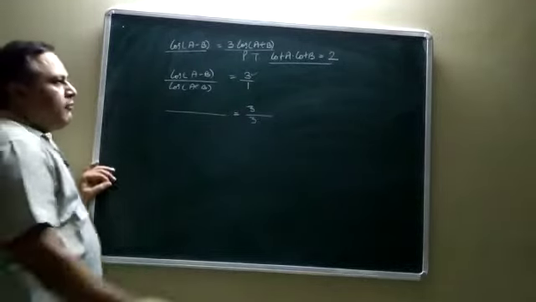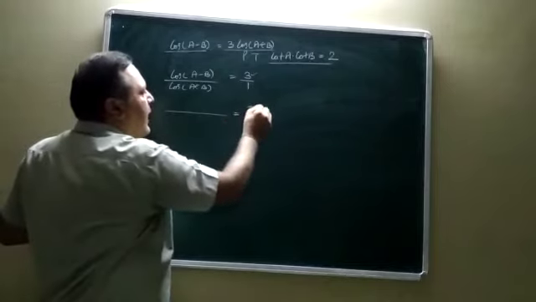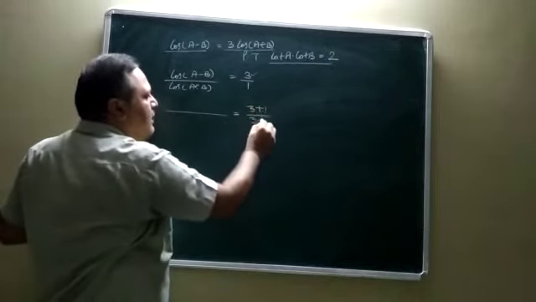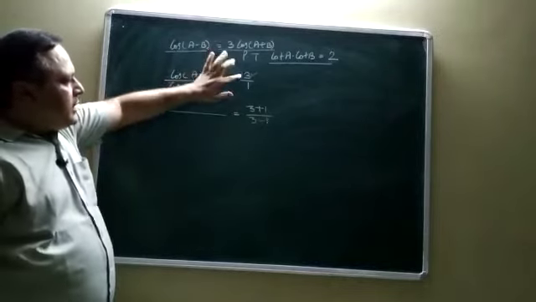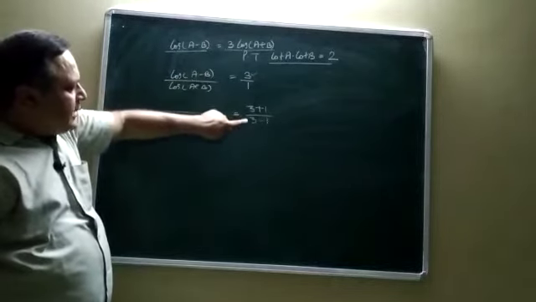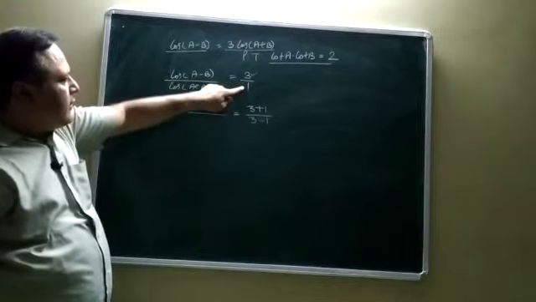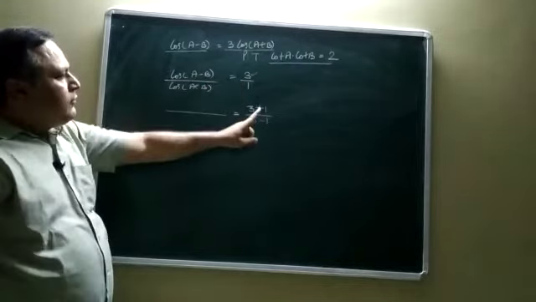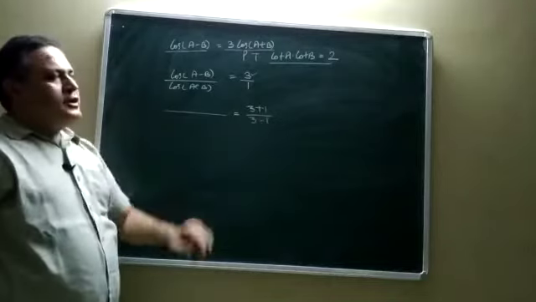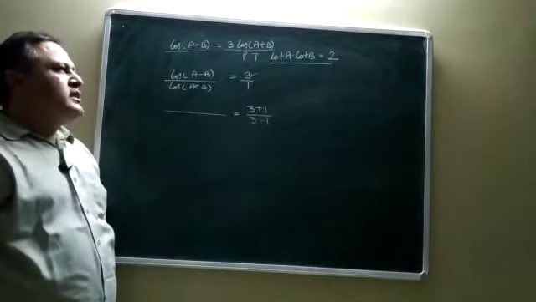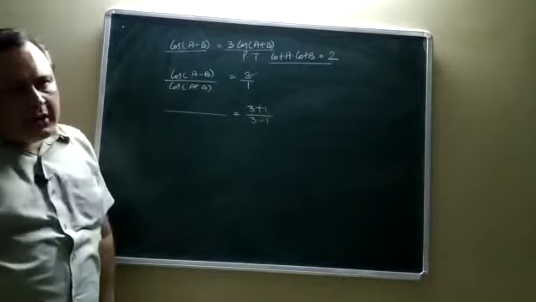But now when you have 1, then add plus 1 and minus 1. It means you keep the numerator in the numerator as well as in the denominator. Whatever the value of the denominator, in the numerator it goes for addition and in the denominator it goes for subtraction. This rule is called componendo and dividendo.